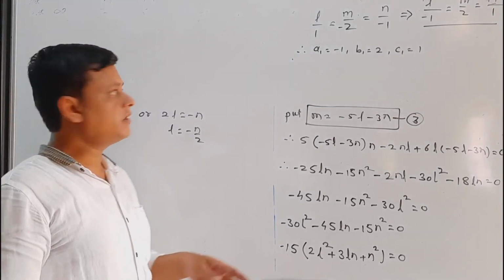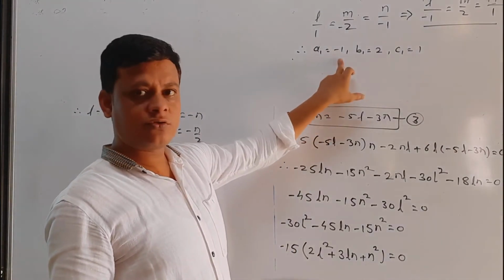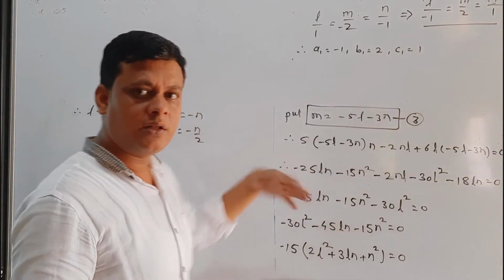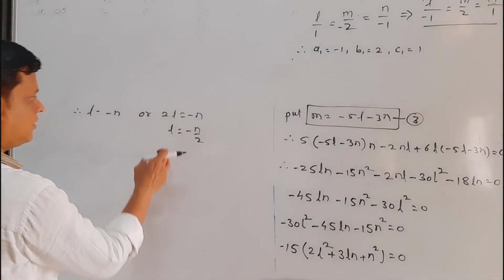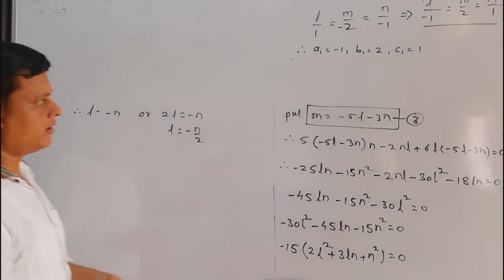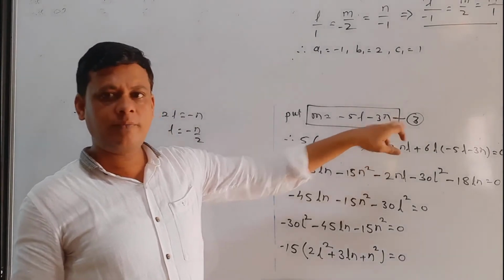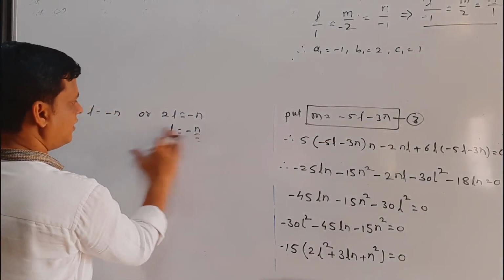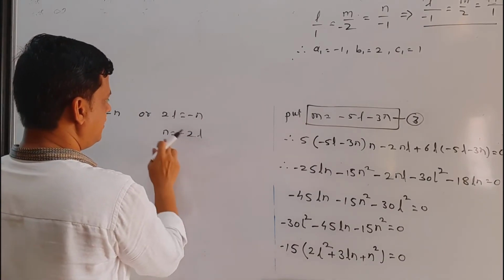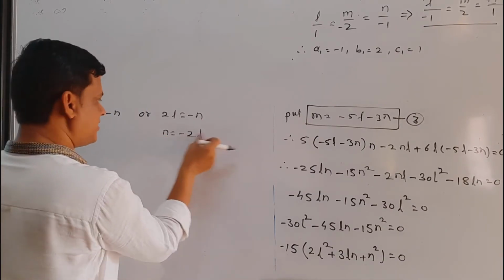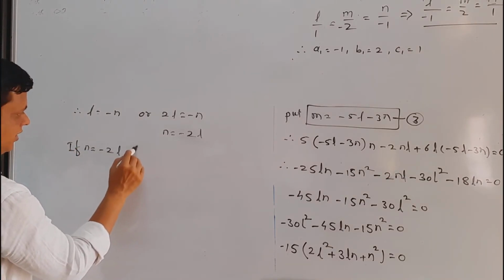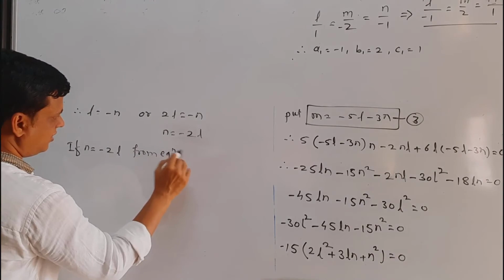So we write direction ratios of the first line as A1 equals minus 1, B1 equals 2 and C1 equals 1. Now we find the second direction ratios. Now here L equals minus N by 2, or we have convenient to replace the value of N. So now substitute N equals minus twice L from equation 3rd.